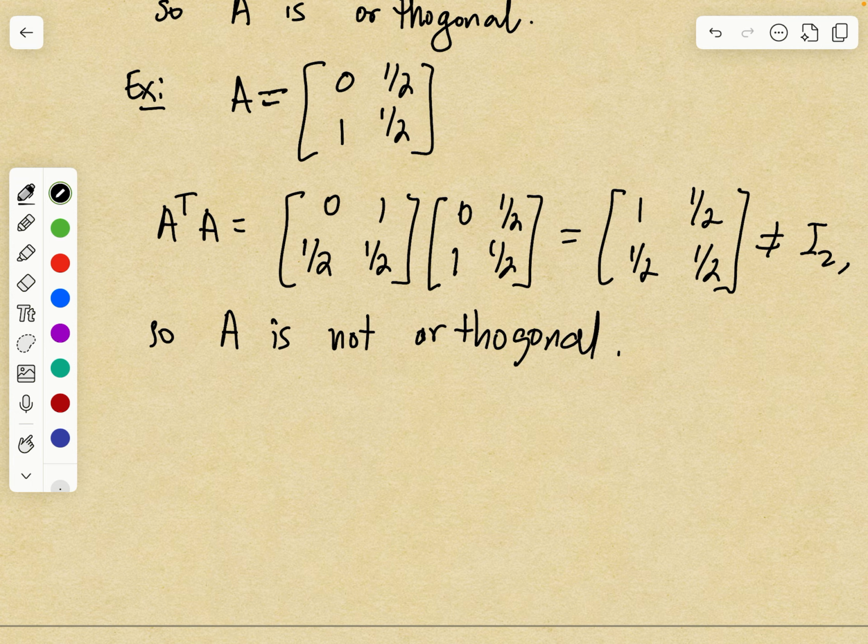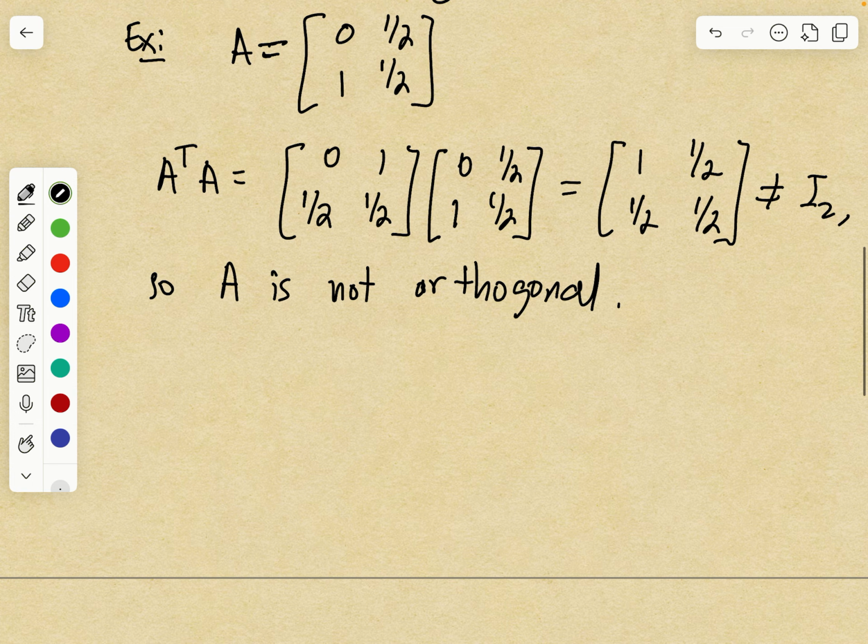Okay, let's look at some properties of orthogonal matrices. Let's look at the columns of an orthogonal matrix.